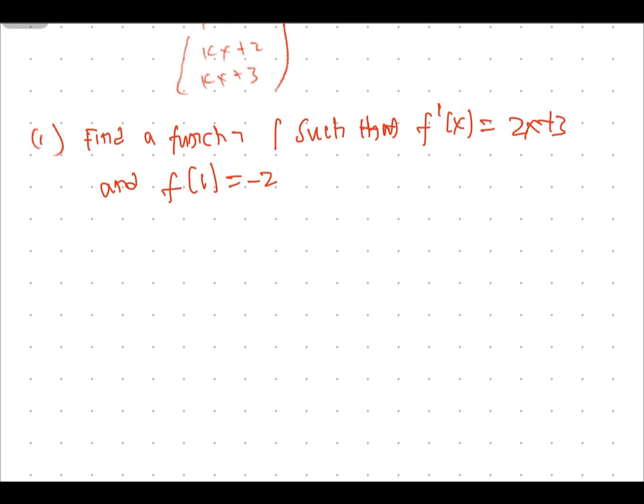Looking at this question, they said find the function f such that f prime of x is equal to 2x plus 3. So this function that they are asking you to find, they said find it from this derivative, right? This means that they are asking you for an integration.